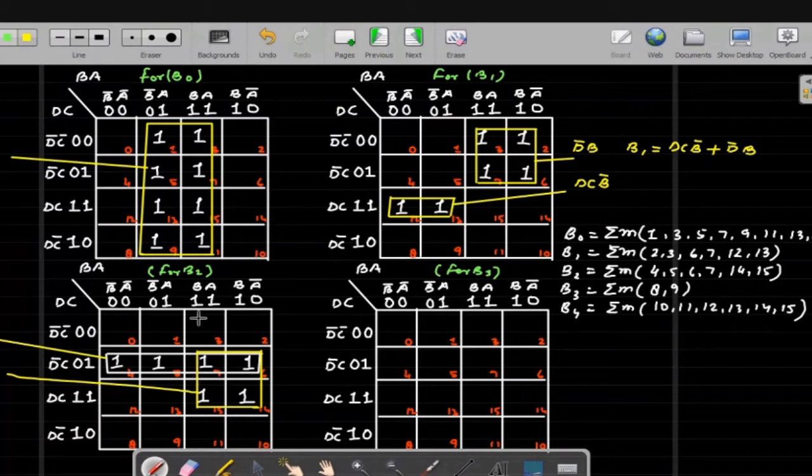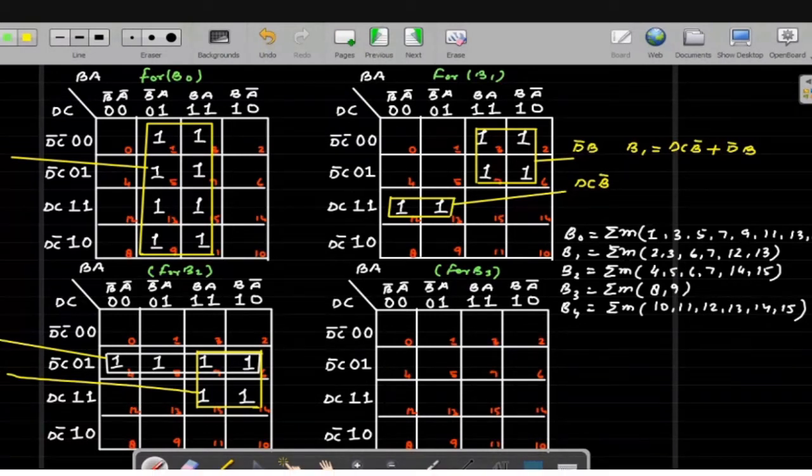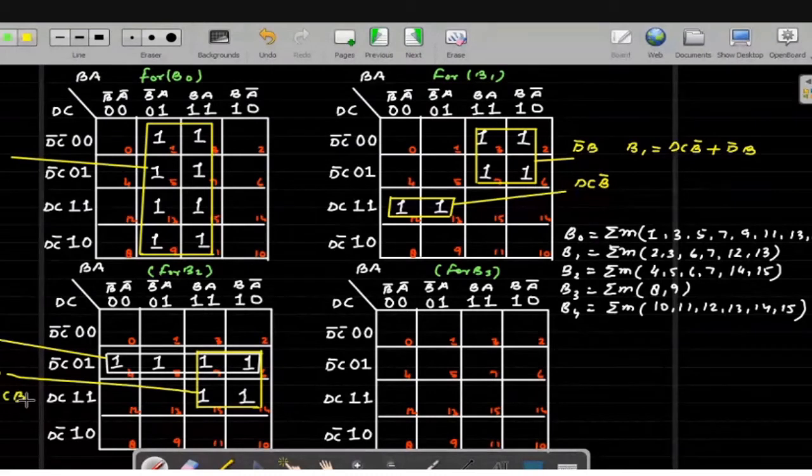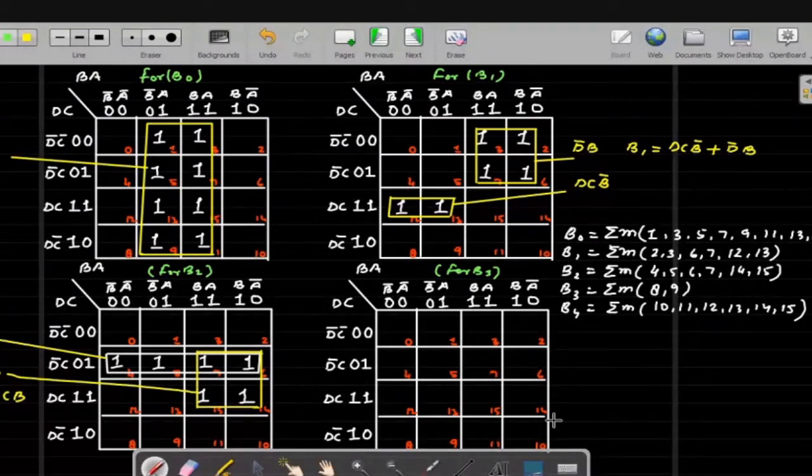C. And column wise, what is common? B. So finally you can write the B2 expression as B2 is equal to D bar C plus BC.